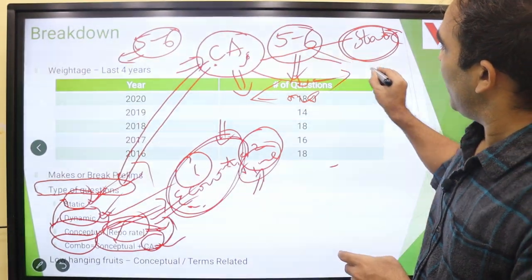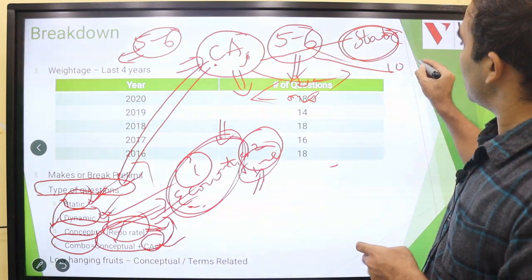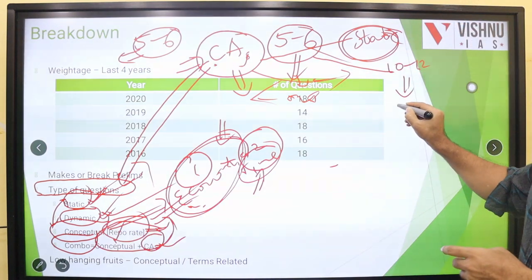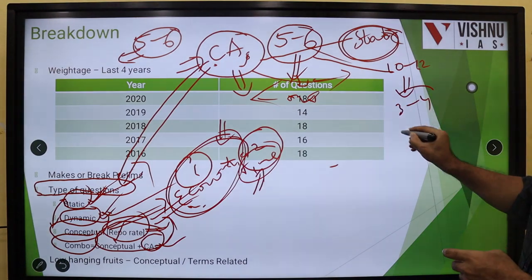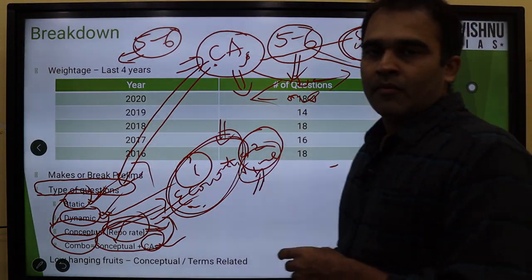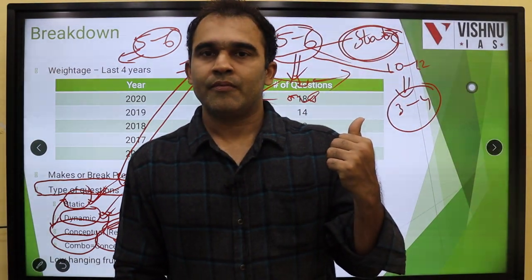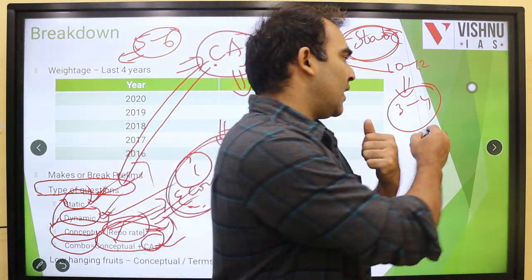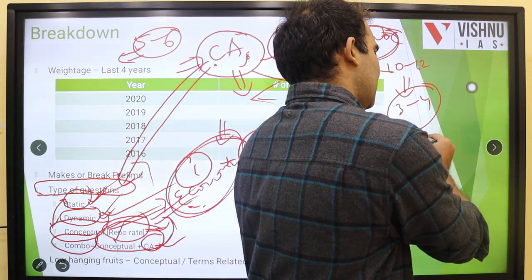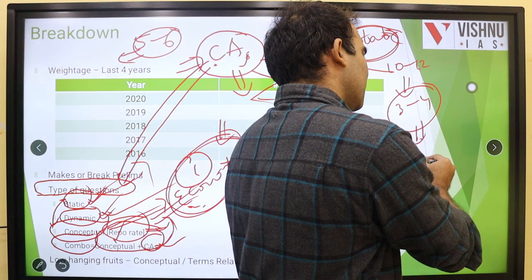But there are around 10 to 12 questions, right? You still have around 3 to 4 questions, or 3 to 5 questions, which will be the difficult questions.